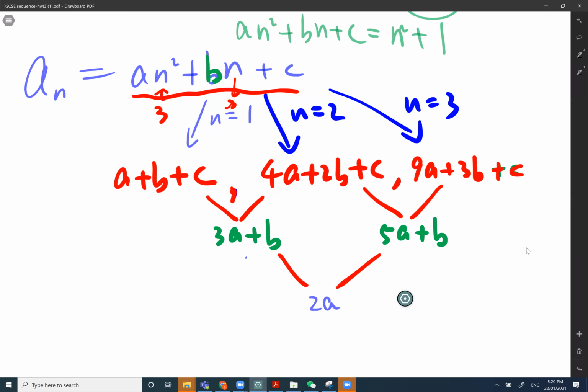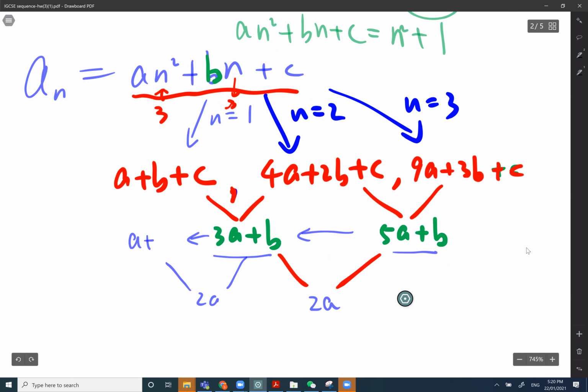So here also 2a, right? And then, what's the previous one? 5a plus b, 3a plus b. What's the previous one? 1a plus b. That's why the previous one equals a plus b. And what's here? C.